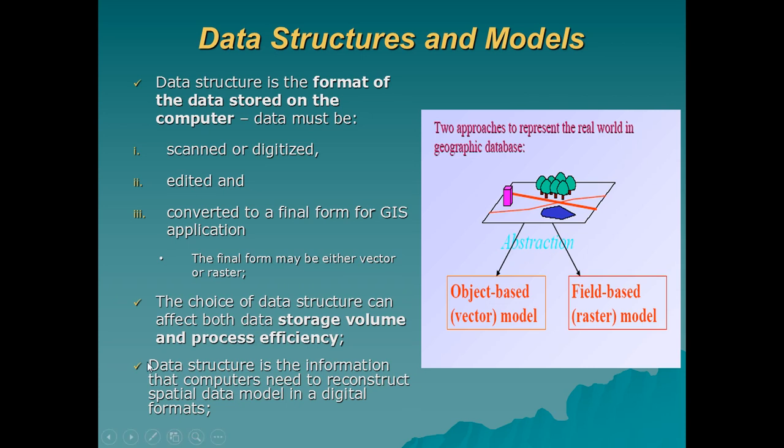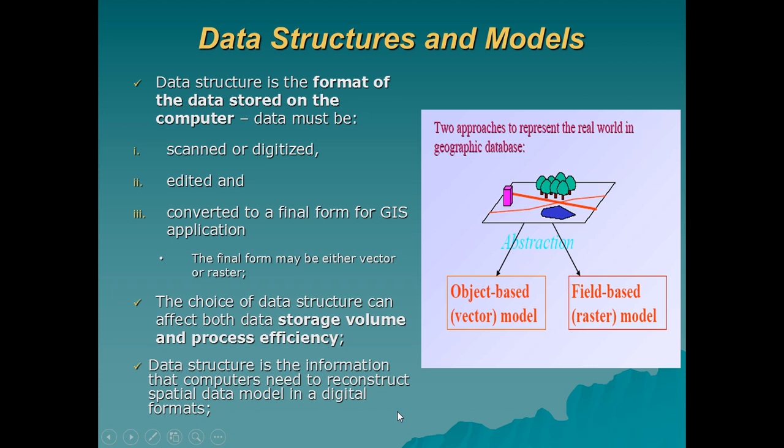So again, what is the data structure? As we said, that is the format in which the data is stored on a computer, and it is that data structure that is used as information that the computer would need in order to reconstruct the spatial data model into digital formats.